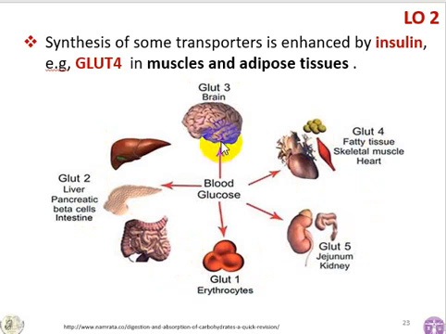For example, in the brain there is glucose transporter 3, while in fatty tissue, skeletal muscles, and heart, glucose transporter 4 facilitates the diffusion of glucose. In kidney and jejunum there is glucose transporter 5, in erythrocytes GLUT1, and in the intestine, pancreatic beta cells, and liver, GLUT2.